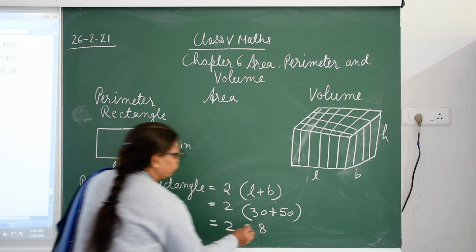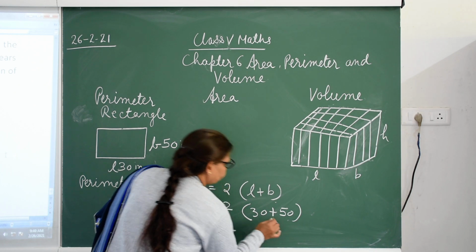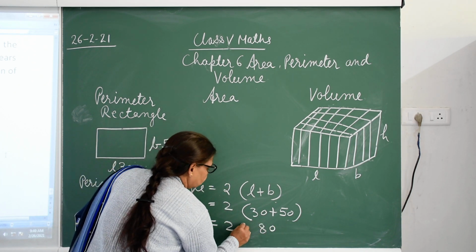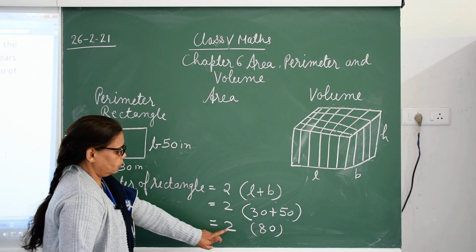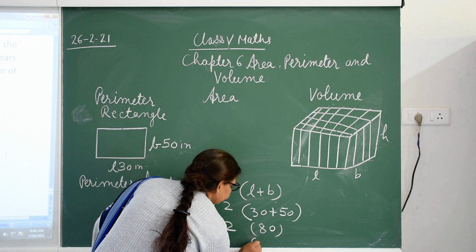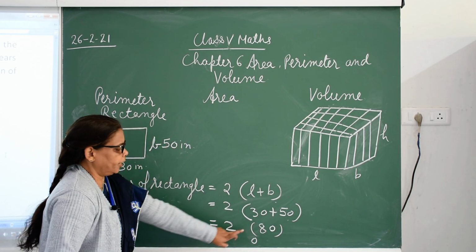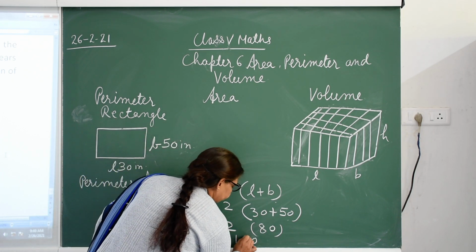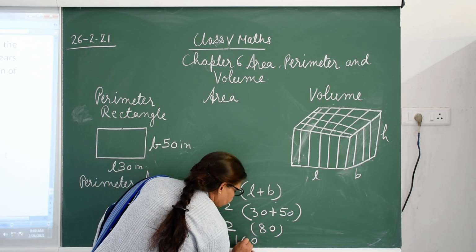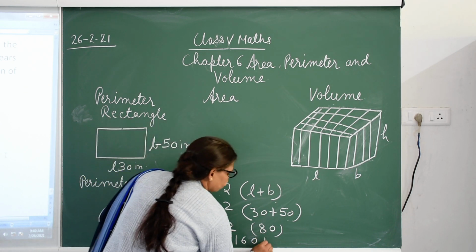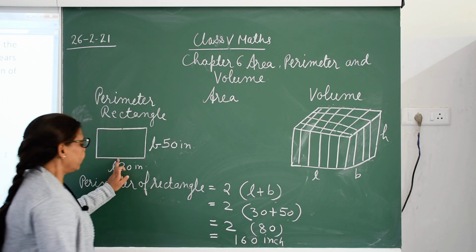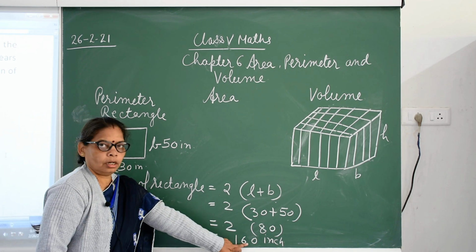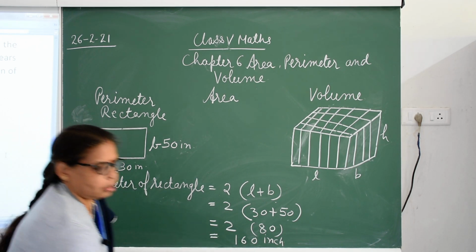Now this multiply by 2: 2 zeros are 0 and 2 8s are 16. So 160 inch. The perimeter of this rectangle is 160 inch. Understand?